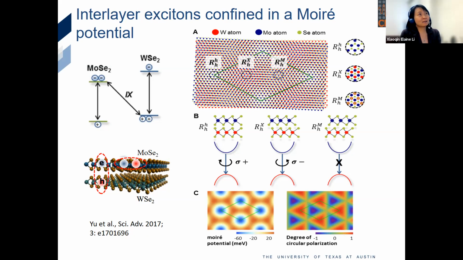But you have to ask, is the potential trap deep enough? For the electron and the hole, if you ask what is the minimum of the conduction band and what is the minimum of the valence band, they may not even show up at the same spatial locations in the Moiré supercell. There is a lot of complexity that can emerge.